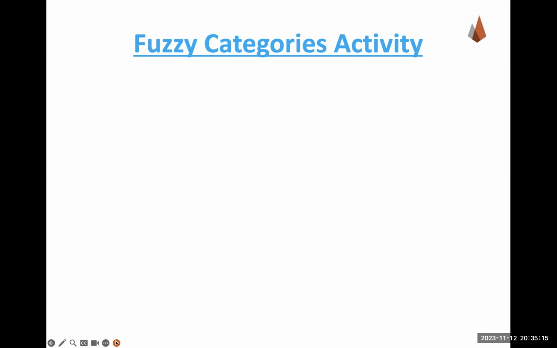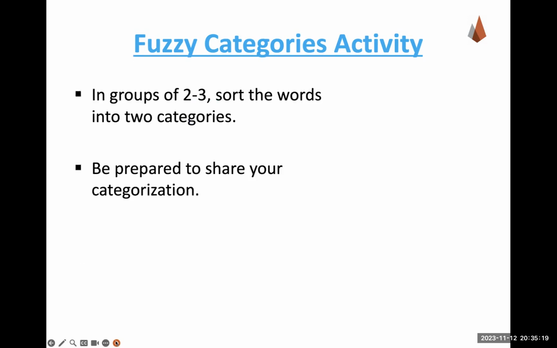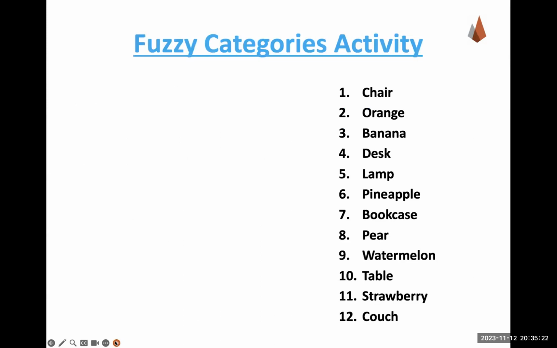But you can also just do this in a pair. You can sort these words into 2 categories. I'd also like you to then share the categories that you came up with as a part of your assignment.